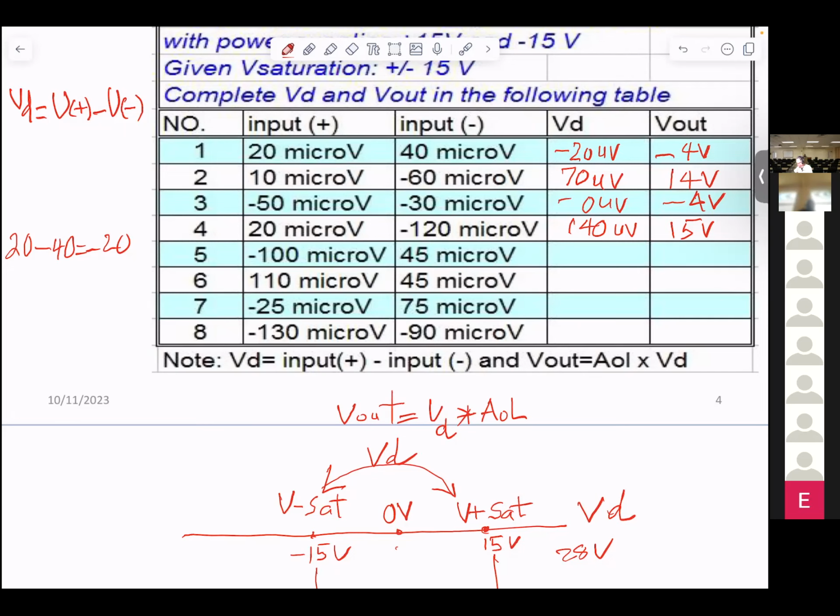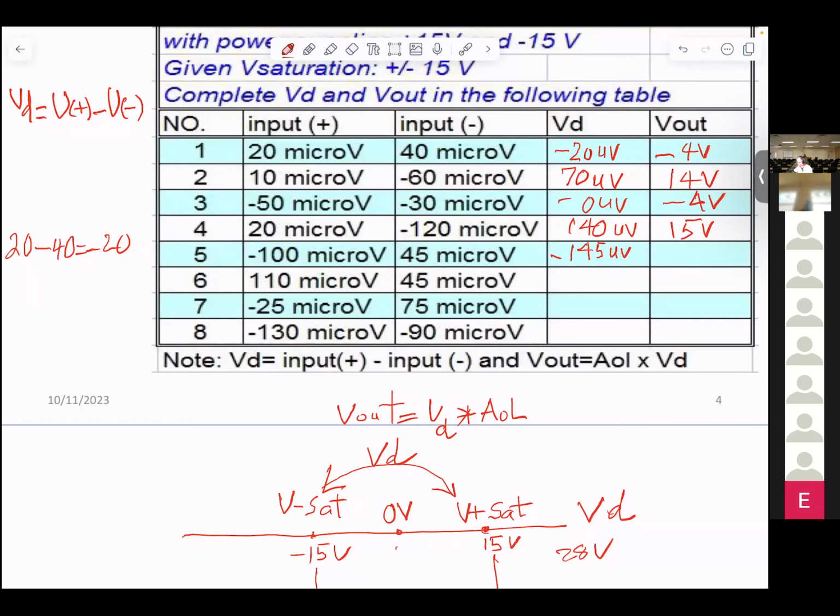Next one, number 5. Negative 55. What did we do? You take a minus 100 minus 245. Yeah, but isn't it minus?